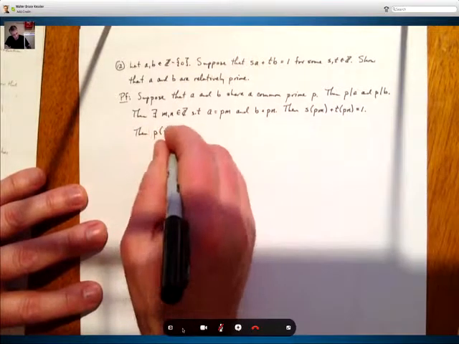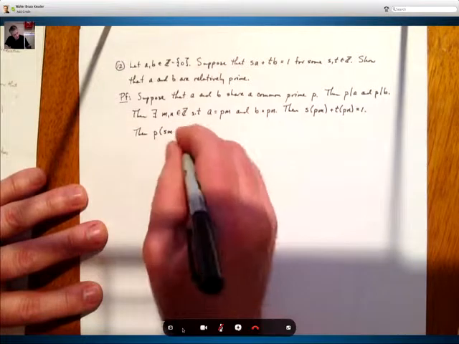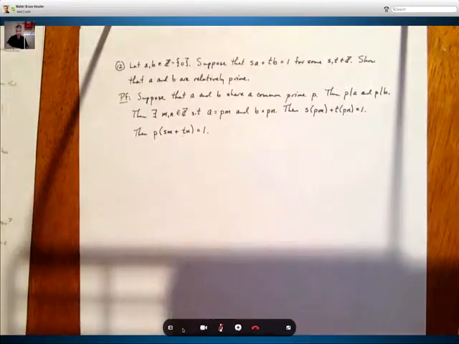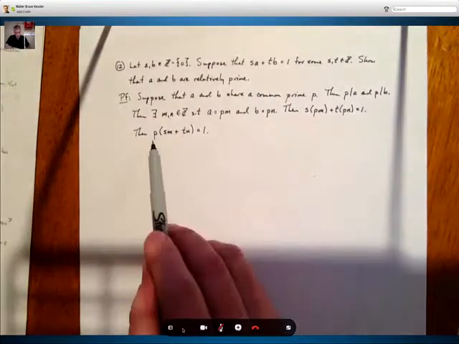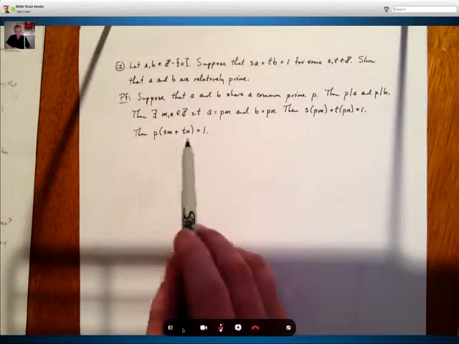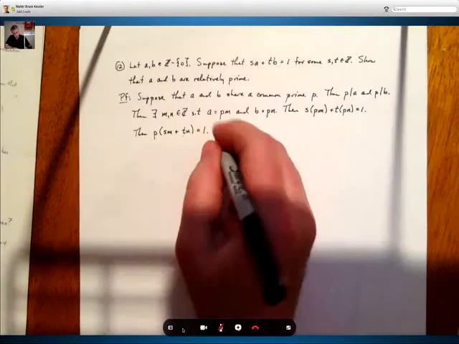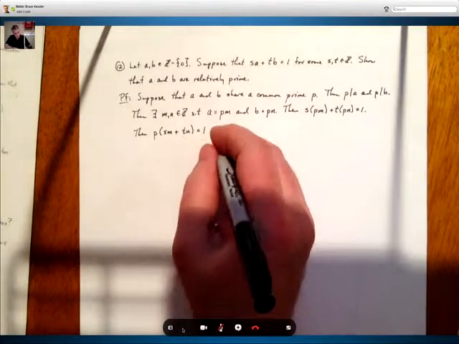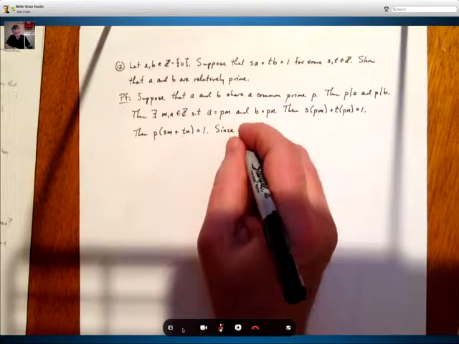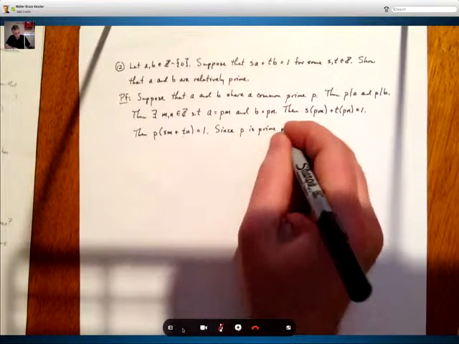Now I'm not going to move things from one side to the other, but I am going to factor out this P, giving P times (Sm plus Tn) equals 1. But if P is a prime, it's 2, 3, 5, whatever it is, and this is an integer, which it has to be, there's no way you can multiply and get 1.